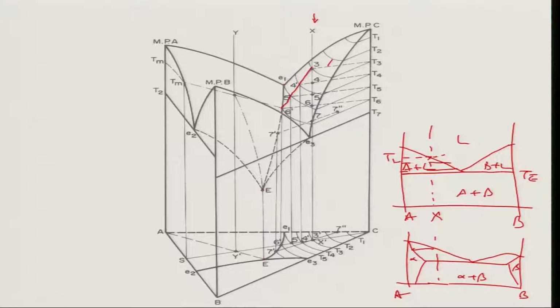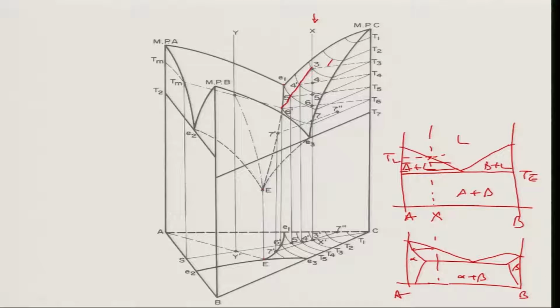Because this is the valley which is sitting between A and C. Am I clear? So, try to be very clear. Do not look at the bottom. Just try to see what is happening on the space model in the 3-dimensional picture.